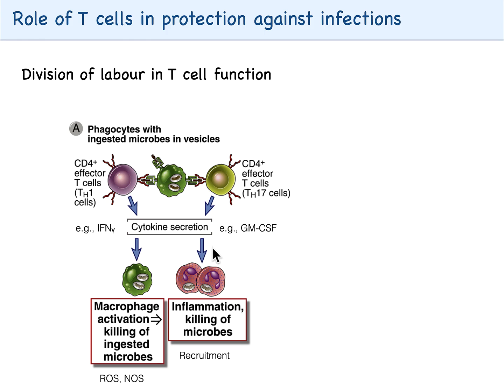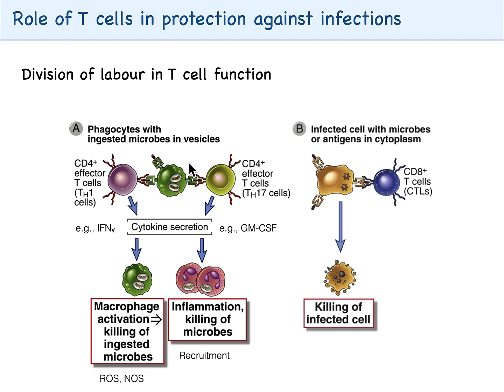Yeah. So therefore, it will induce a strong recruitment of neutrophils to the site where there is the infection, and they will help to clear the infection. So these cells will not kill directly the infected cell, but they will help the infected cell to kill the pathogen. On the other hand, the CD8 T cells, or the cytotoxic lymphocytes, will kill directly the infected cell.